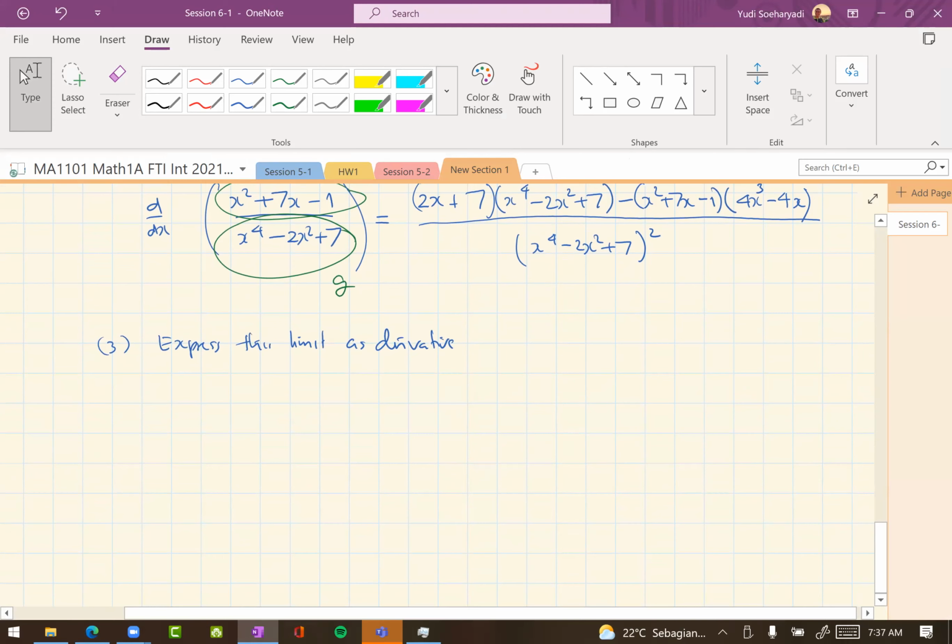Okay, so this one: limit as x goes to 9 of (square root of x minus 3) over (x minus 9). We would like to write this down as f prime of a. The question is, we need to find f and a.